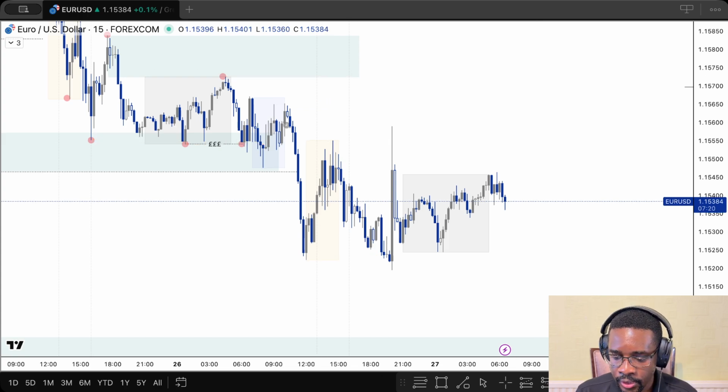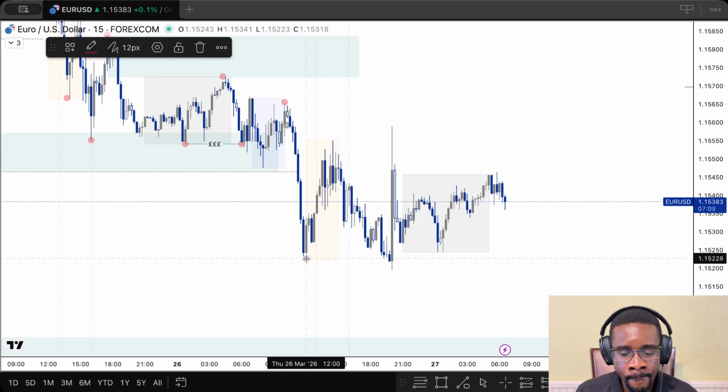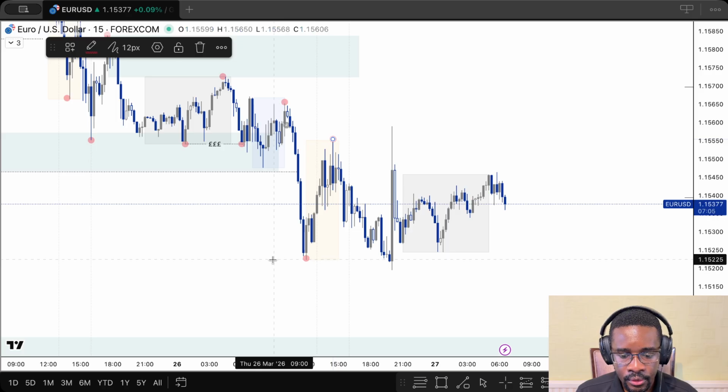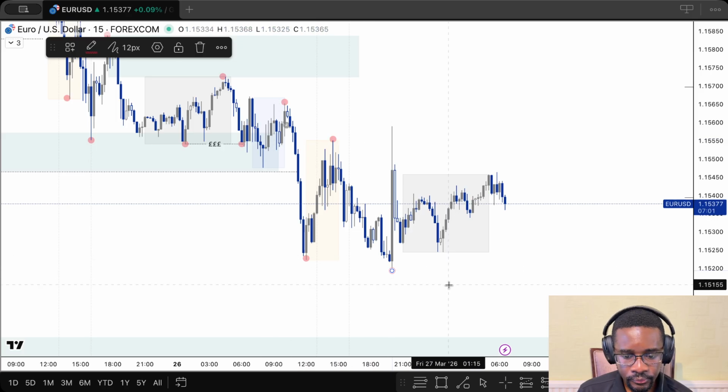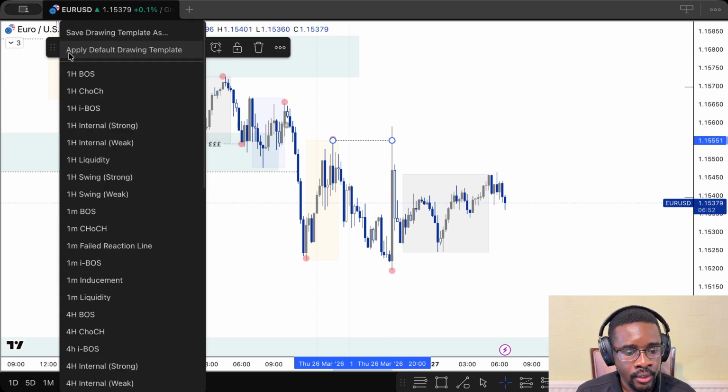So the way you could look at it is, so what happened here? So this was a break, and then this was the high, and then it barely made a low. Okay, and then that's come up and made a sweep of that high.